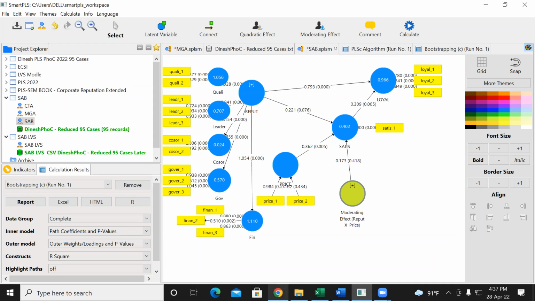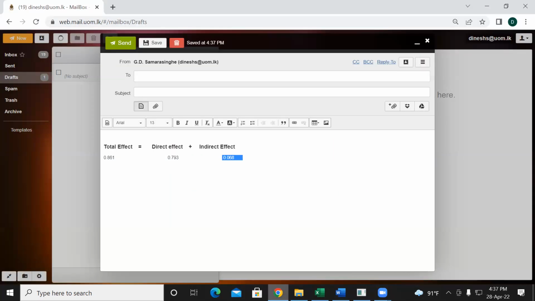I can explain how to get this mathematically also, very simply. Now the indirect effect is 0.068, no? How does it come? It comes simply this way.